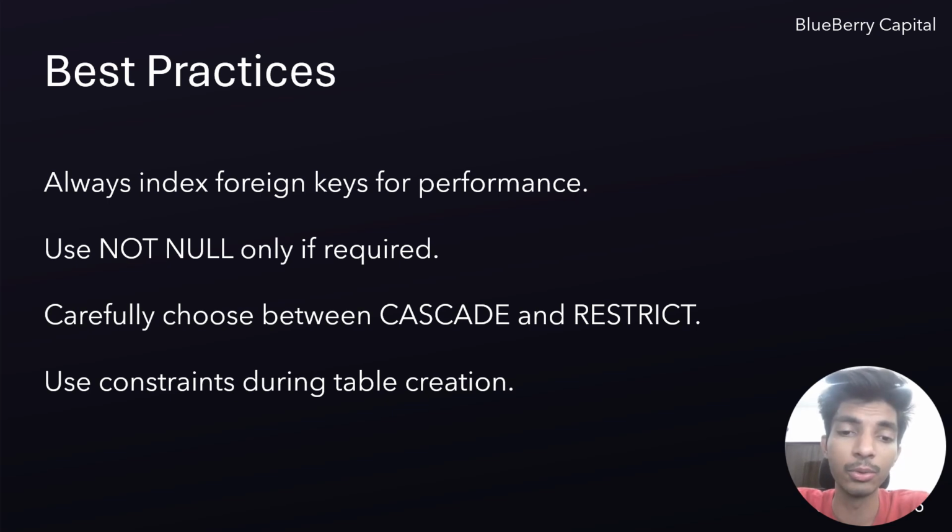Use not null only if required, because foreign keys can be null, but primary keys cannot be. Carefully choose between cascade and restrict, and use constraints during table creation. This is very important if you want to maintain that integrity throughout your database.